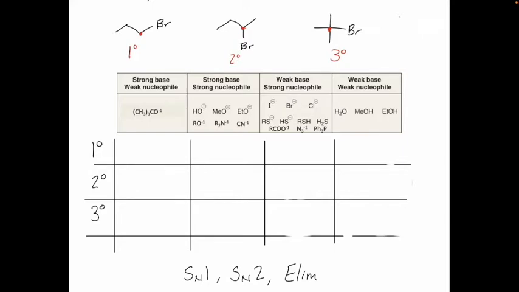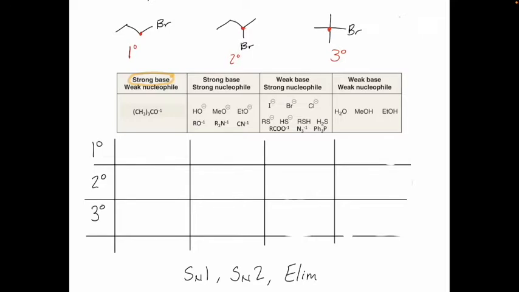Okay? Because this category here is a strong base, but a weak nucleophile. What type of reactions, SN1, SN2, or elimination, do our bases promote? What is it? So bases are elimination.